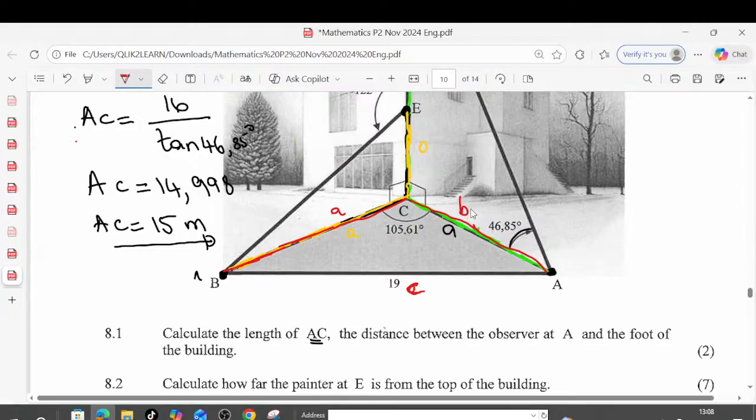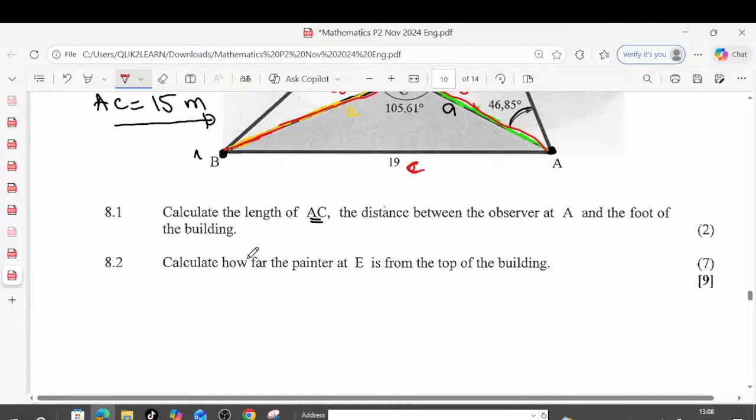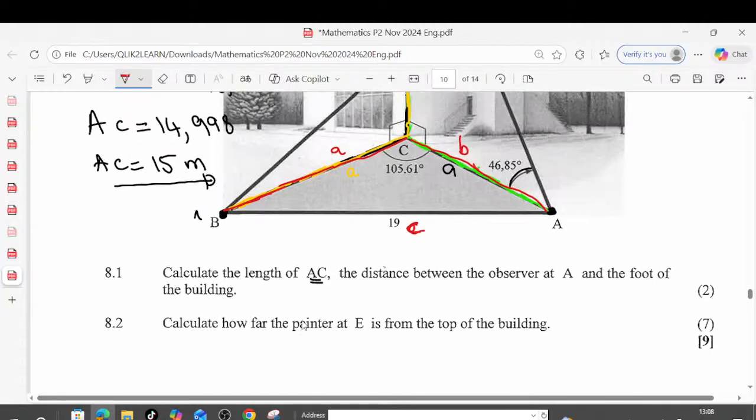Look at this. I'm looking for BC, so I'm just going to use the formula rule and say my small c squared is equal to small a squared plus b squared minus 2ab cos of, which angle are we using?